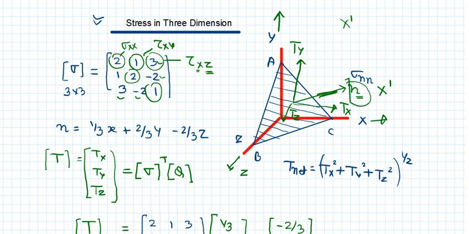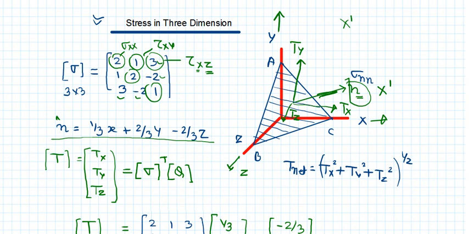As we discussed in the previous class, this normal direction must be represented in a particular format, where the x coefficient is 1 by 3 and this is the unit vector. The coefficient of x is 1 by 3, along y it will be 2 by 3, and minus 2 by 3 in z.